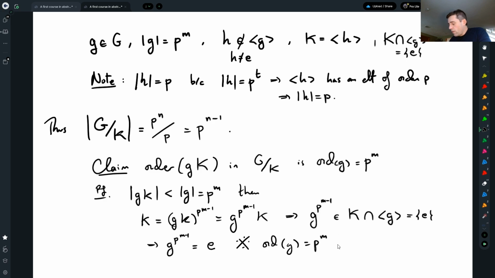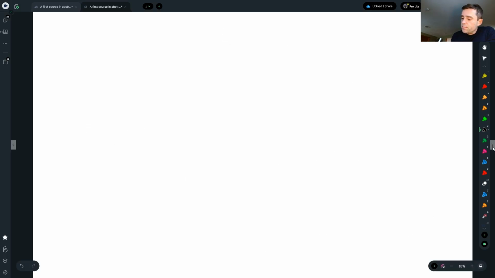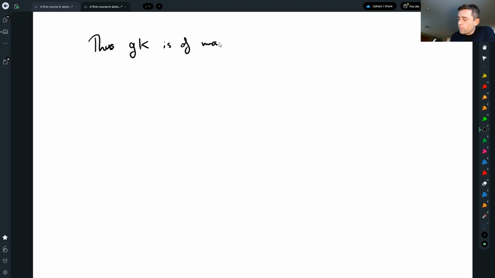And therefore, the order of gK is also P to the m, and thus gK is of maximal order P to the m also in the quotient G modulo K. Great.